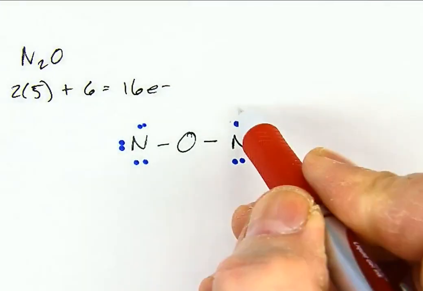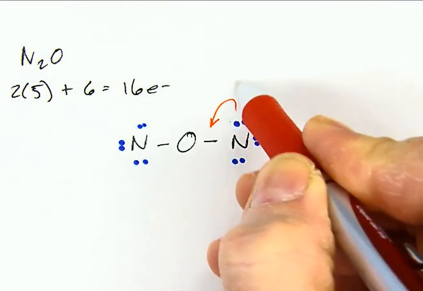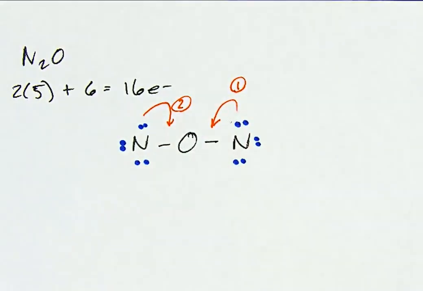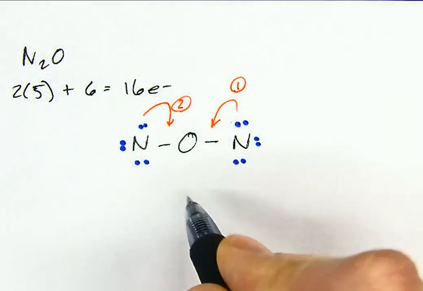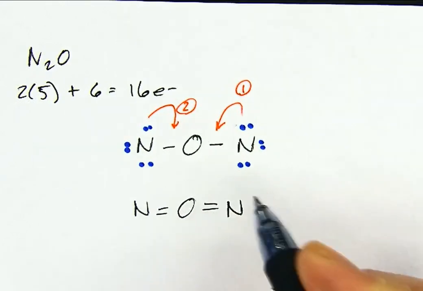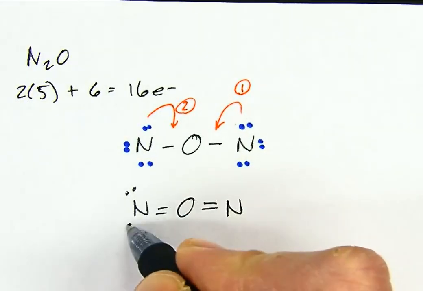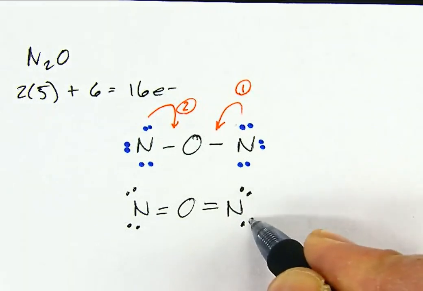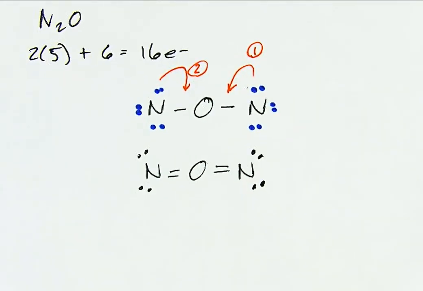This will not be resonance, because if I share 2 electrons here, 2 electrons here, the final structure ends up just looking like this. There's double bonds, okay? We put them at a 120-degree angle. So in this case, we would not have a resonance structure because there's no variety here.